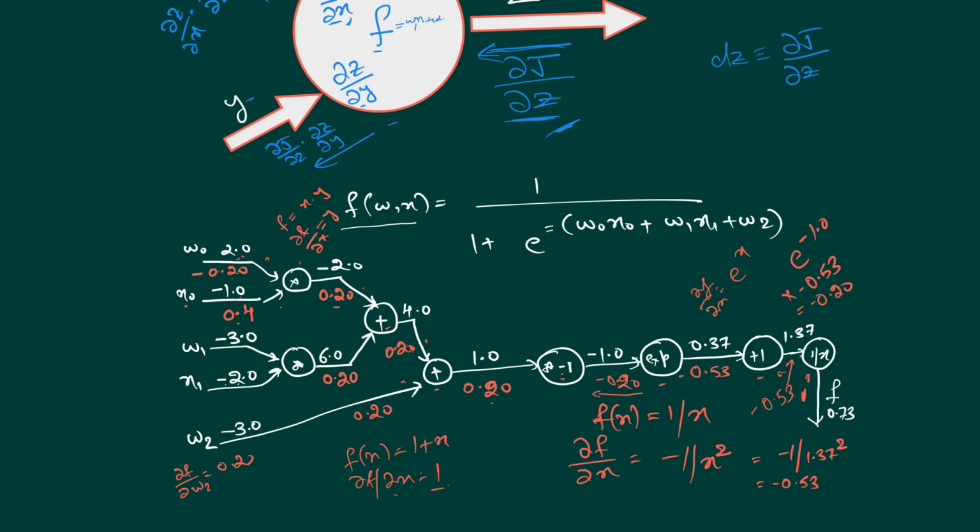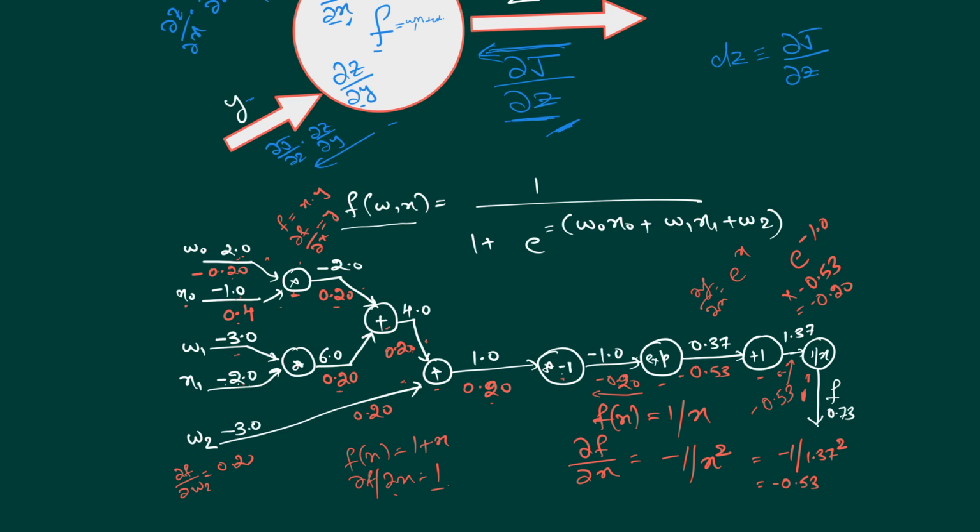Now the only branch which is remaining is the last one, with the exact same argument that we saw in the top multiplicative gate. If we were to calculate the gradient for the top branch, we are going to take the value of the bottom branch, which is minus 2.0.